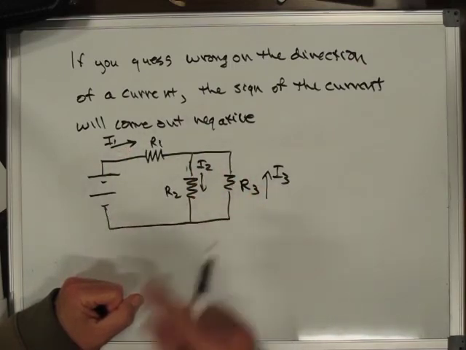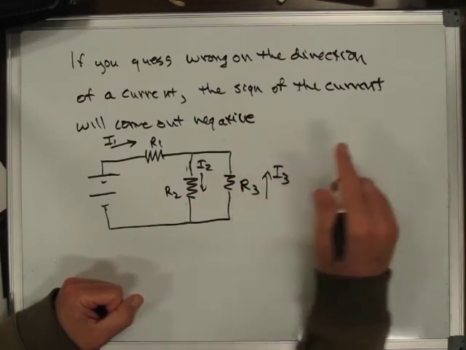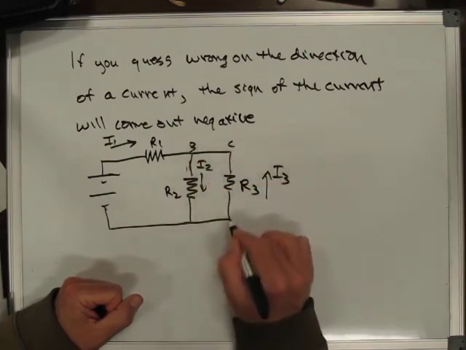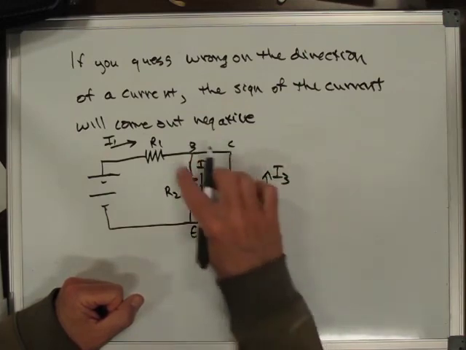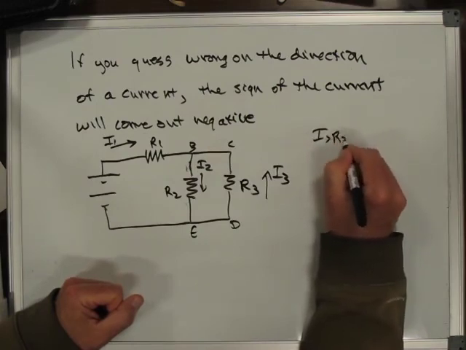If you redid this problem with I3 going the wrong way, so that, for example, our loop for this, which was B, C, D, E, B, if we went around this way, we would say I3 R3, right?